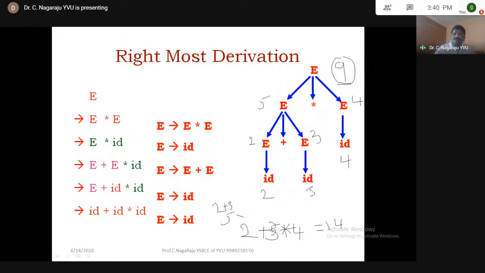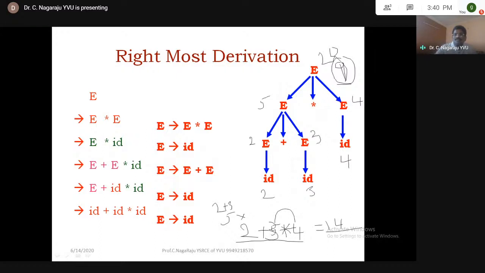Then 5 into 4 is 20. Or, according to mathematics, 4 into 3 is 12, and 12 plus 2 is 14.